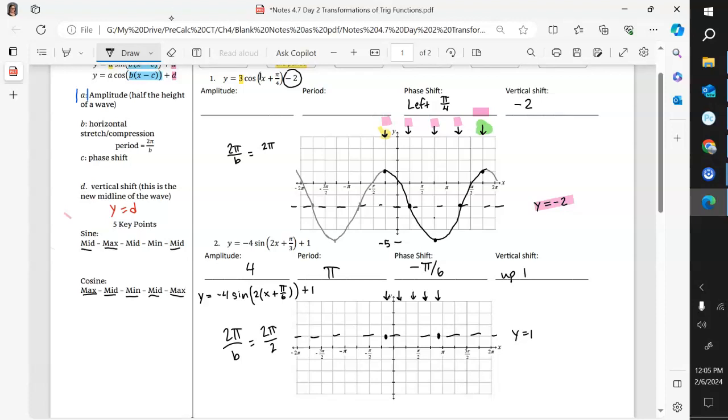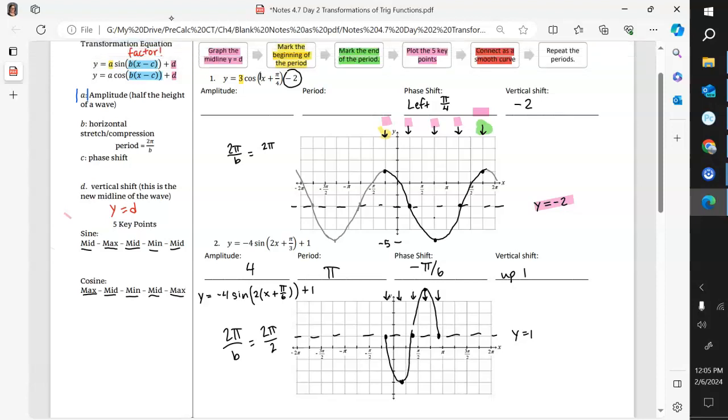But normally I would go to the max, but because it's negative, I'm going to go to the minimum. So the minimum is going to be based on the amplitude, 1, 2, 3, 4, and it's going to be down here. And then I'd be at the midline again, and then normally it'd be the minimum, but I'm multiplying by a negative, so it's going to be the maximum. And so there's my one period of the sine function.